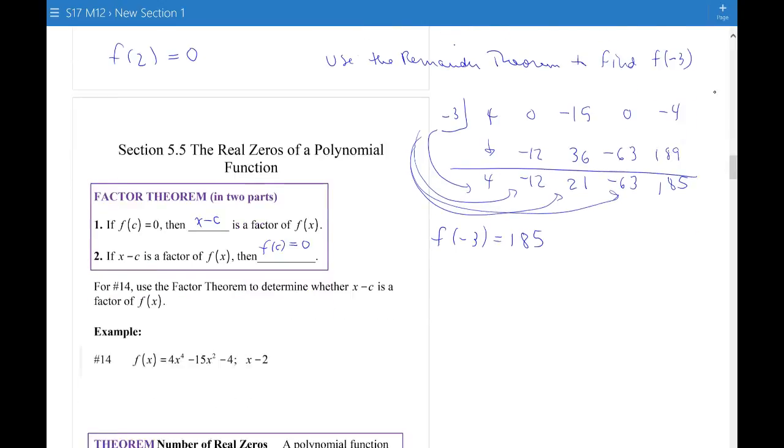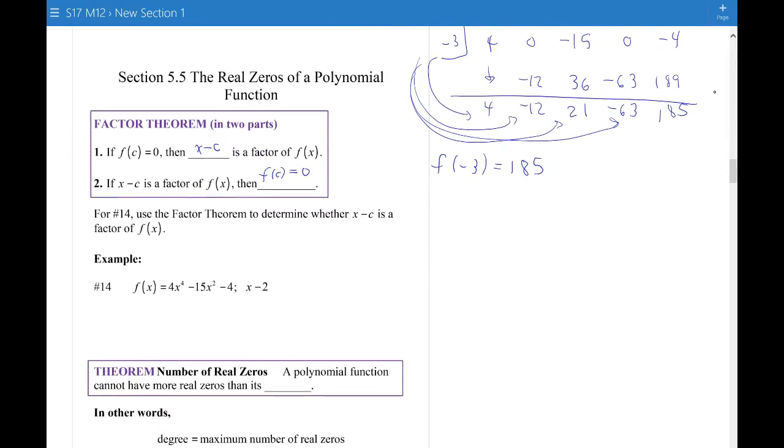For that same problem, let's use the factor theorem to determine whether x minus c is a factor of f of x. We did the synthetic division with 2 here. Make sure you're clear that it's 2 and not negative 2.